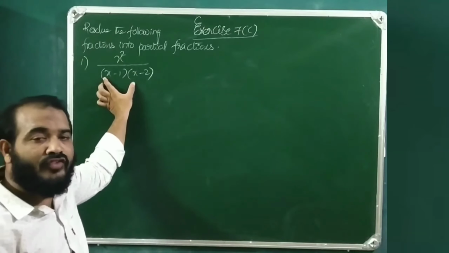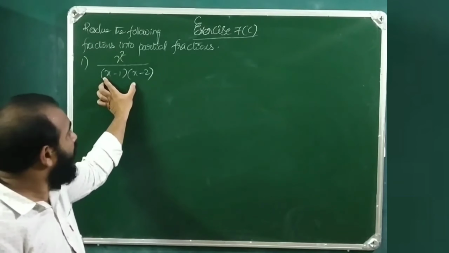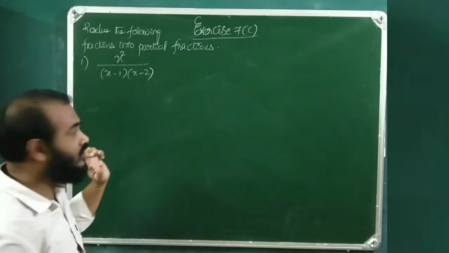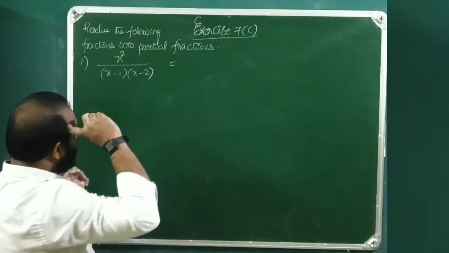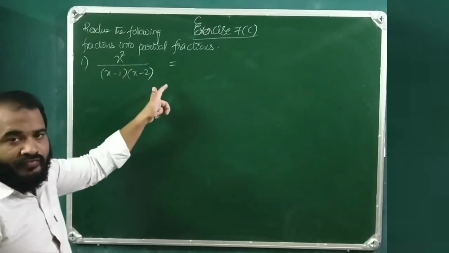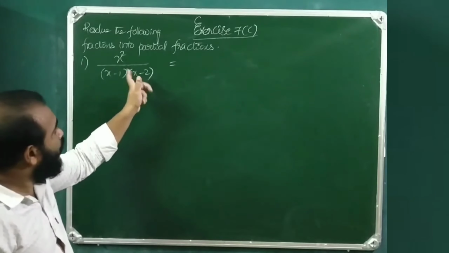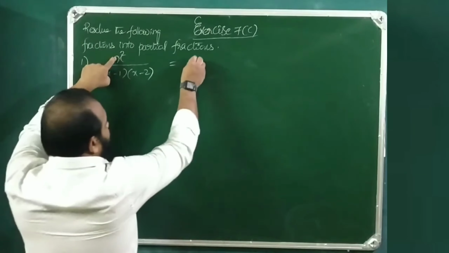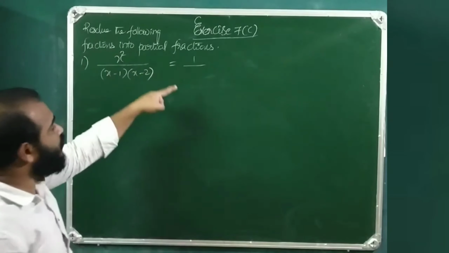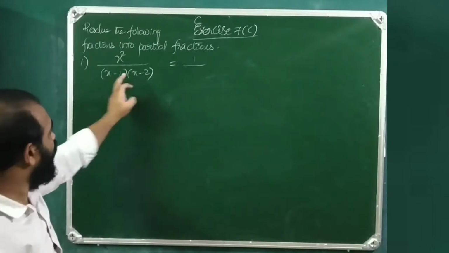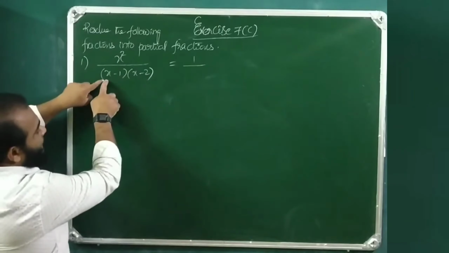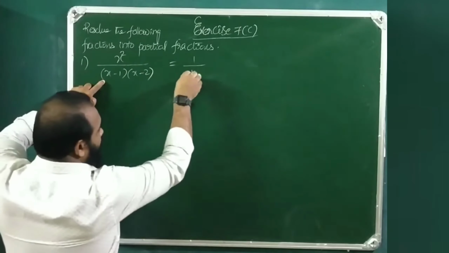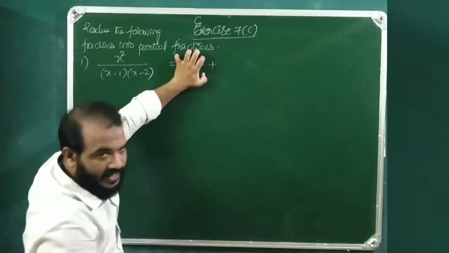So degree of f(x) is equal to degree of g(x). So how do we solve this? This is equal to the coefficient of x square in the numerator, 1, by the coefficient of x square in the denominator, because if you multiply by x square minus 3x plus 2, the quotient is 1. This is our k, plus.